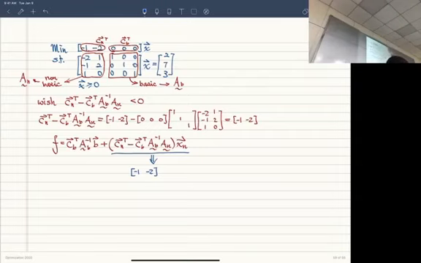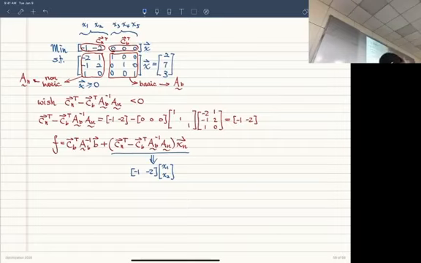So what is my xn? Xn at this point is my x1 and x2, because we said the first two are the non-basic. So the corresponding variables are x1 and x2, and the rest are x3, x4, and x5. This is what we chose.